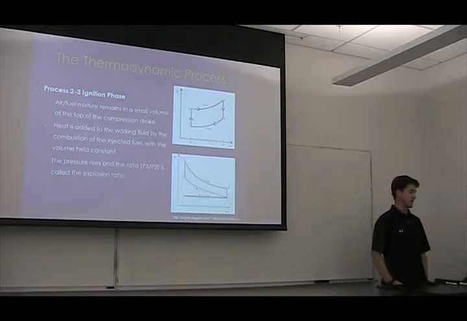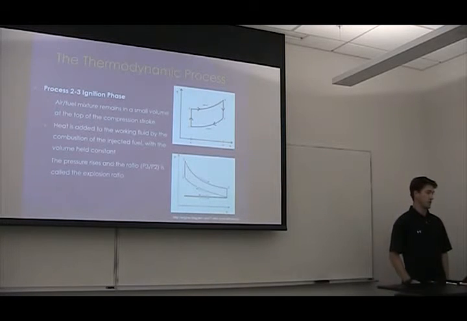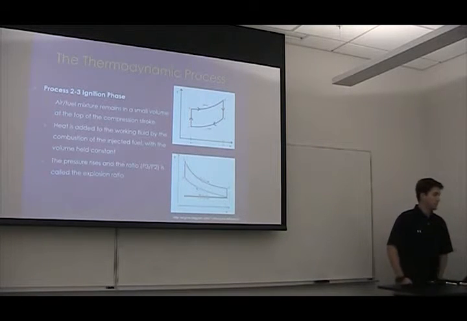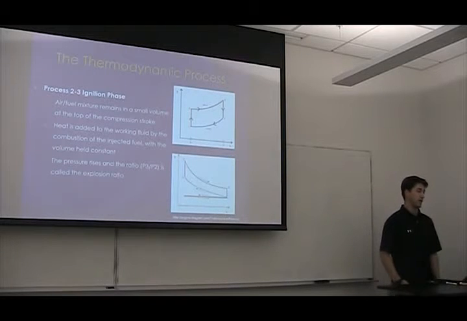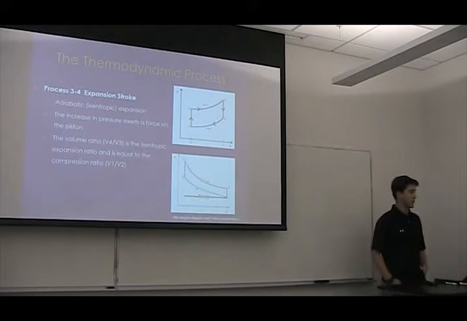And you can see there's a big rise in pressure and temperature. This is all happening at a constant volume inside of that piston. The pressure ratio is measured as P3 over P2. It's called the explosion ratio. The next part of the process is the expansion stroke.